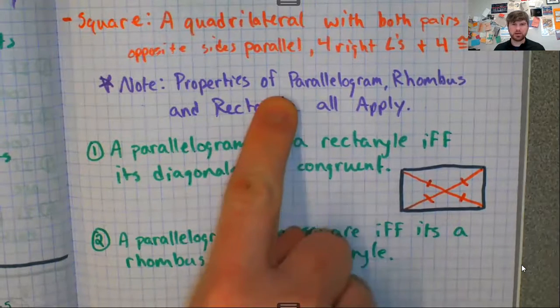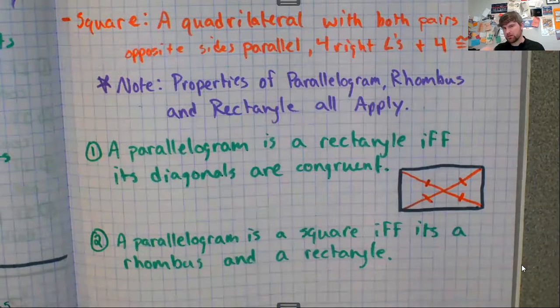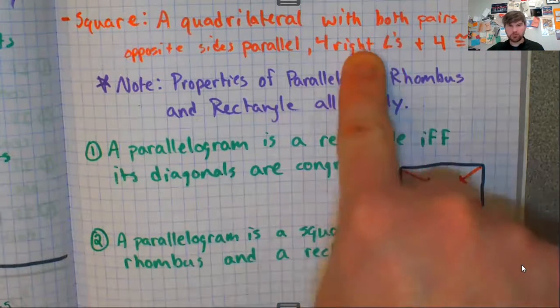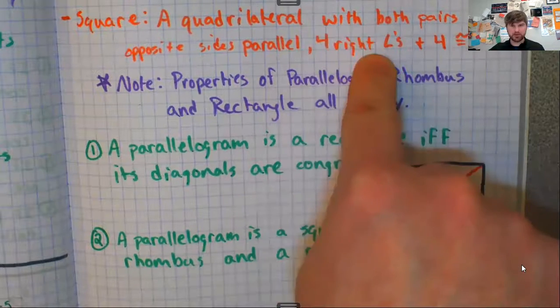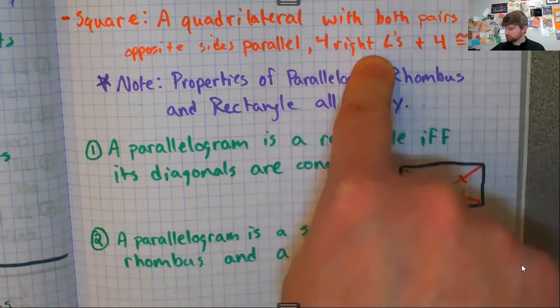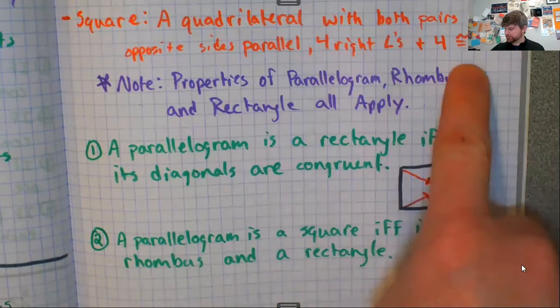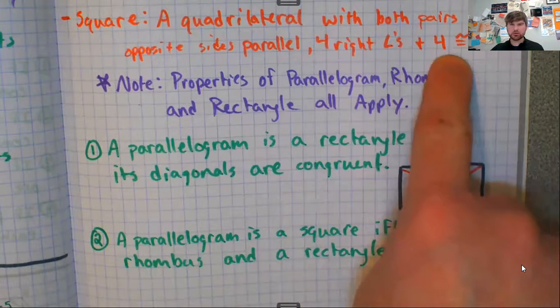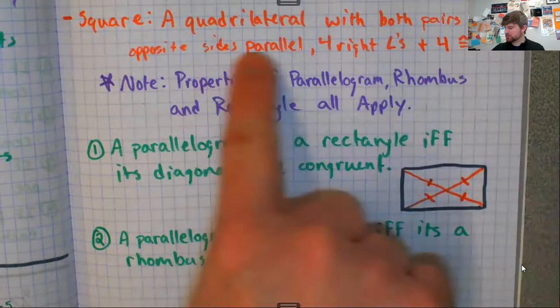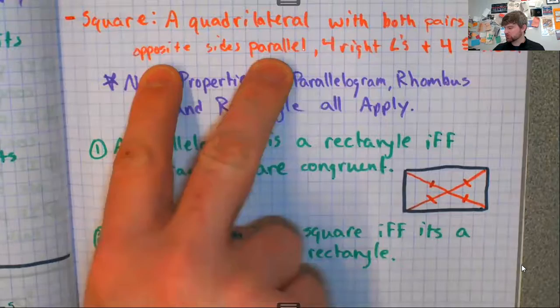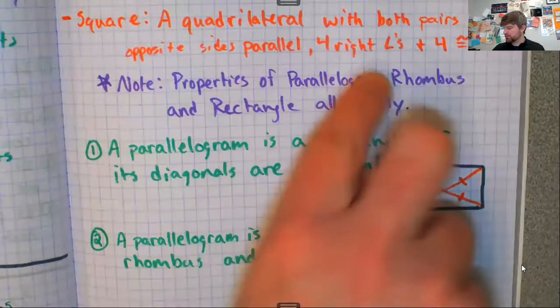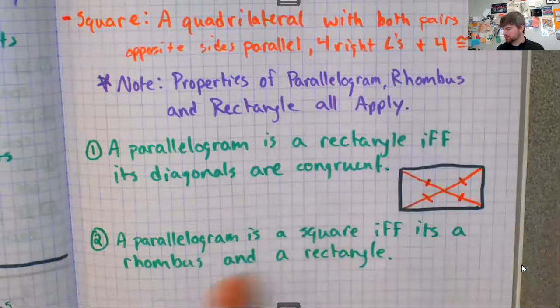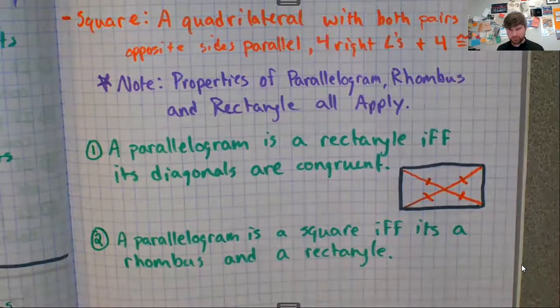Which is kind of what we said up here in the definition. Okay. A quadrilateral with 4 right angles is a rectangle. Quadrilateral with 4 congruent sides is a rhombus. And then the opposite sides parallel, that's a parallelogram. So it has to be a parallelogram, rectangle, and a rhombus. Okay, it's got to be all of that.